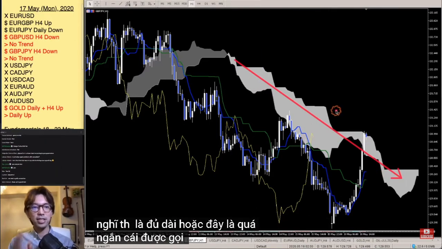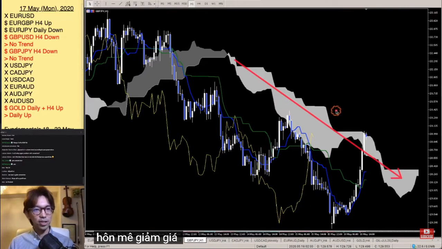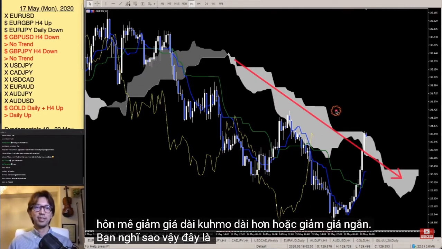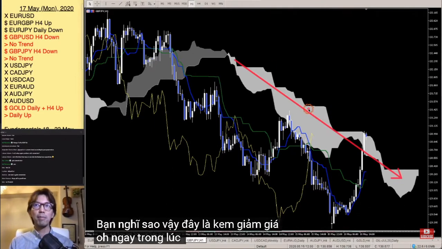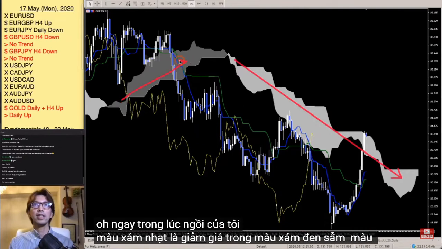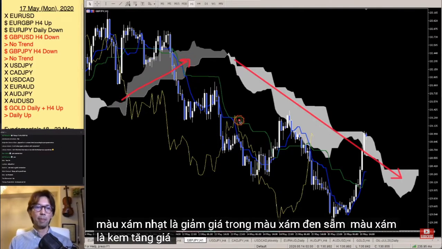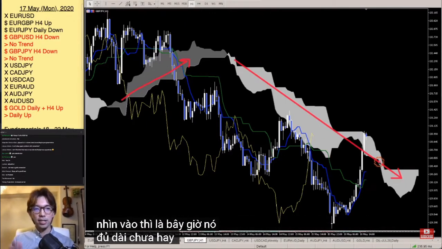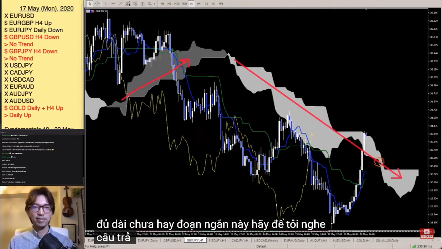Is this a long bearish Kumo or a short bearish Kumo? This is a bearish Kumo. In my setting, the light gray is bearish and dark gray is the bullish Kumo. But if you look at the Kumo right now, is this long enough or is this short? Let me hear your answers here.